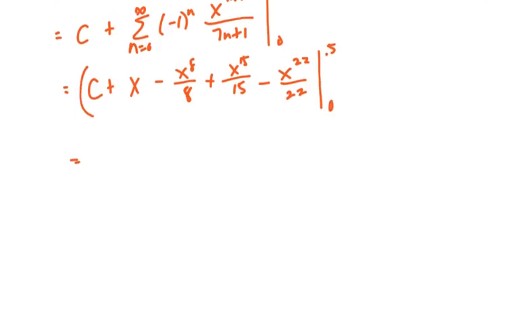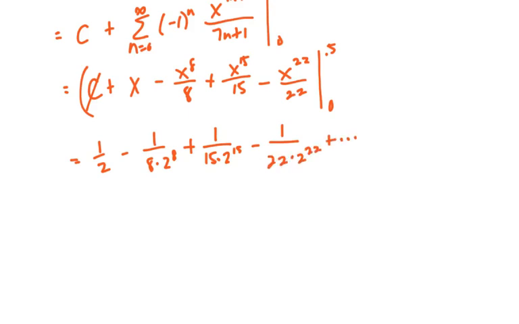So that means we end up with the constant is going to cancel out. So we get 1/2 minus 1 over 8 times 2 to the 8th plus 1 over 15 times 2 to the 15th minus 1 over 22 times 2 to the 22nd and so forth. Now, if we use the alternating series estimation, we can stop.